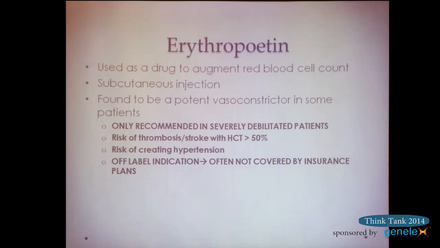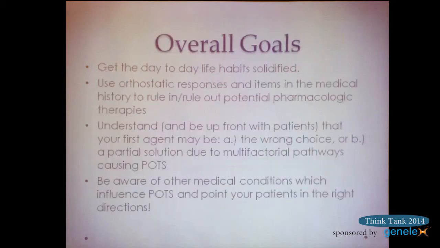There's definitely a risk of overshooting and creating hypertension. And then there's a risk of thrombosis and stroke if you have built the hematocrit up to over 50%. So you really have to be closely monitored to make sure that you're not causing sludging and problems with too high a hematocrit.